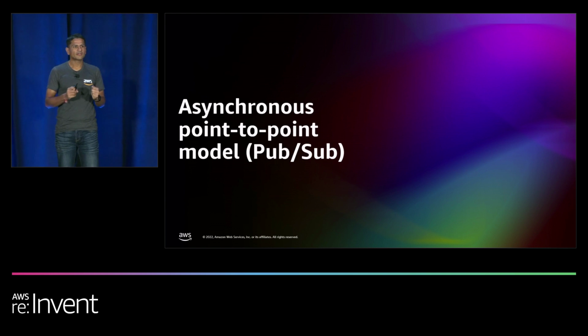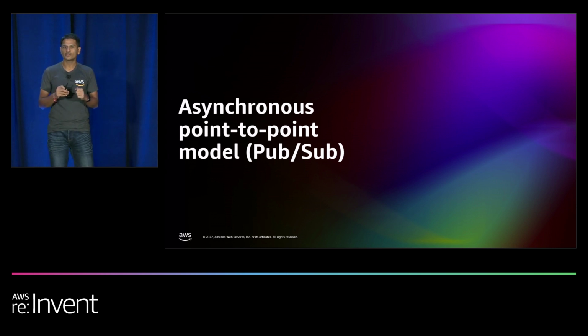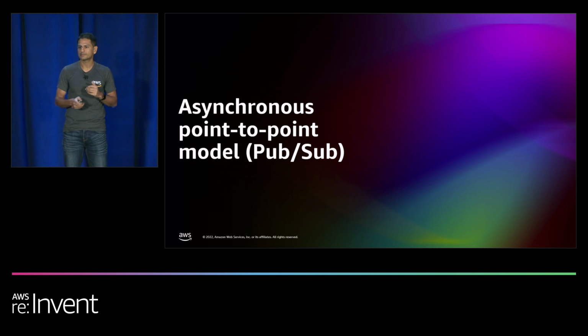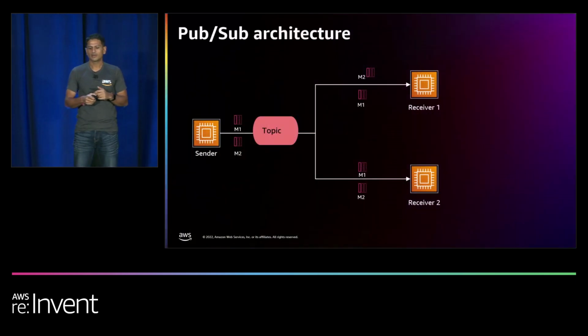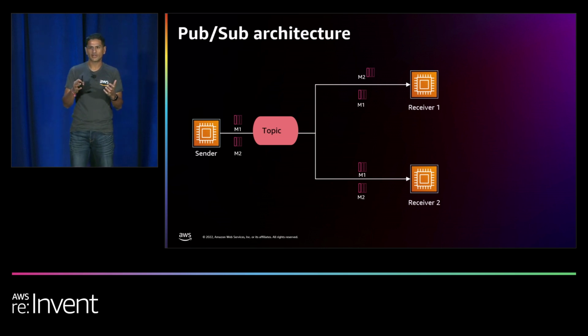So the next pattern that we're going to talk about to build distributed applications is pub/sub. And in this architecture, there are two primary actors, publisher and subscriber. Publisher-subscriber is a messaging pattern in software architecture where a publisher sends a message to a predetermined location.